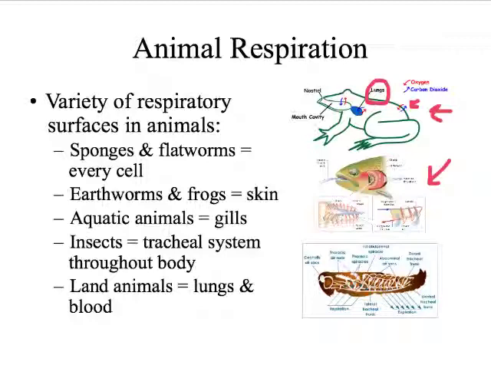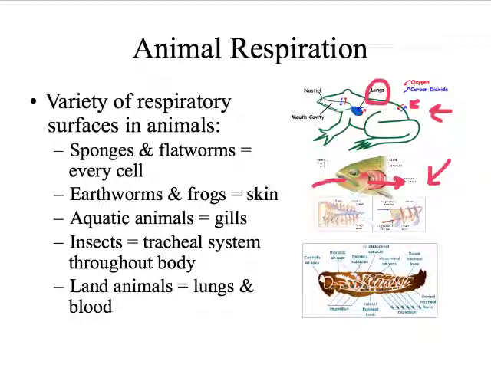And so they're going to have one direction of flow of water through their bodies, and the gills are going to grab as much oxygen as they can as the water goes through. So fish have to constantly have water going through their gills, as well as sharks and other aquatic animals, so that they get the oxygen that they need.